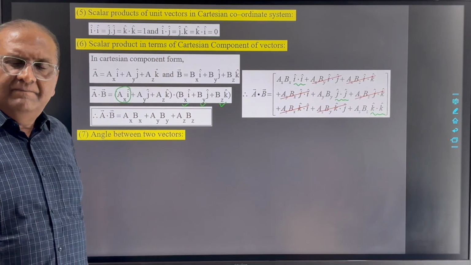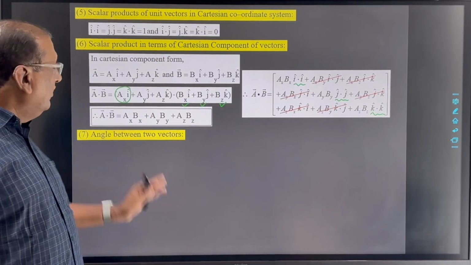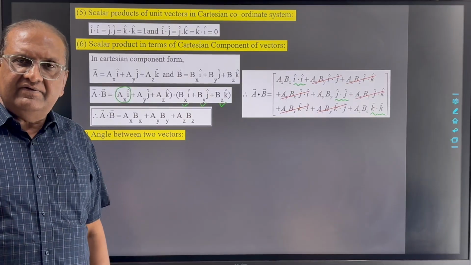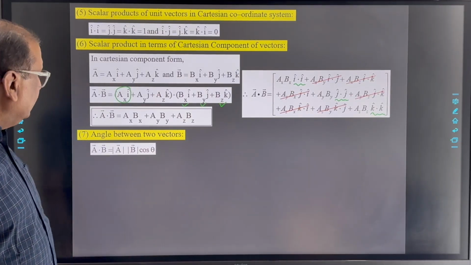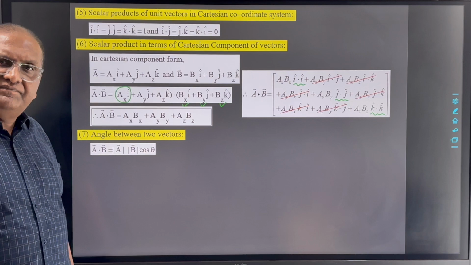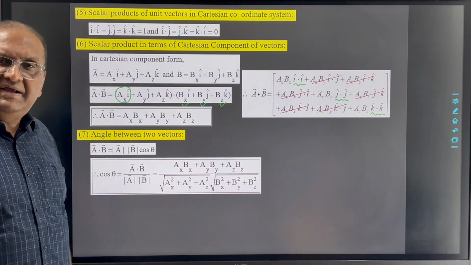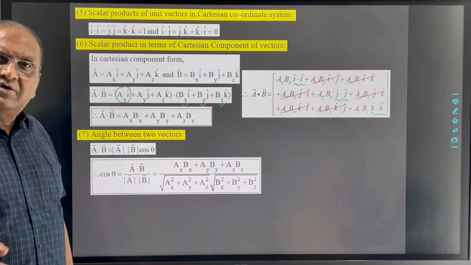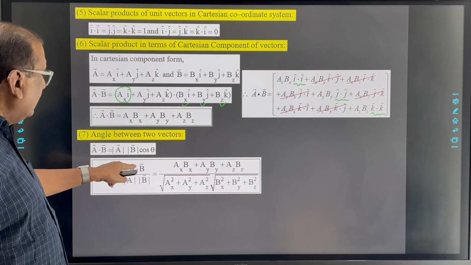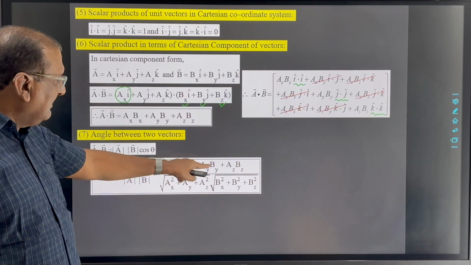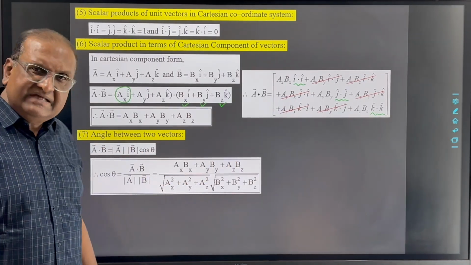Now see, if we want to find the angle between two vectors given to you in Cartesian component form, suppose, and you want to find the angle between the two vectors. Now we know A dot B is AB cos theta. So we can write cos theta is A dot B upon AB. In Cartesian component form, A dot B is AX BX plus AY BY plus AZ BZ.